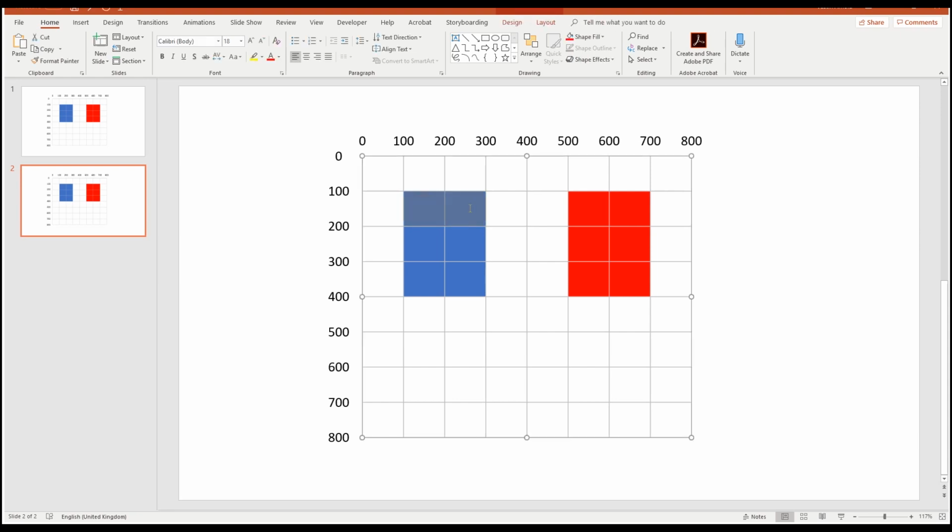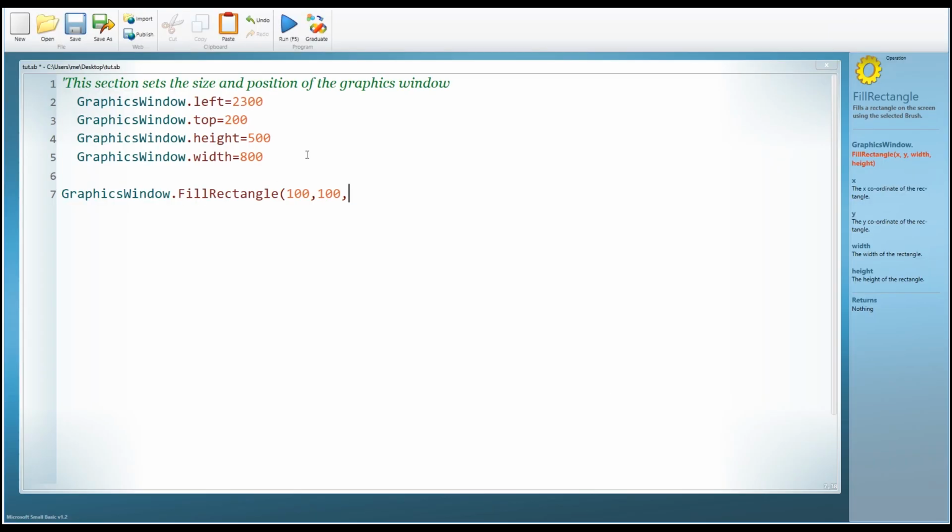So the width of this is 2 squares, so that's 200. So my width is 200, but you can see it goes down 3 squares, so down 300. So the width is 200, the height is 300. So I'm going to put in 200 for the width, 300 for the height, and those are my first 4 numbers.